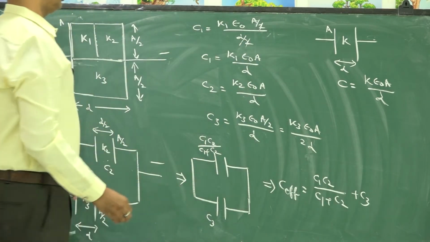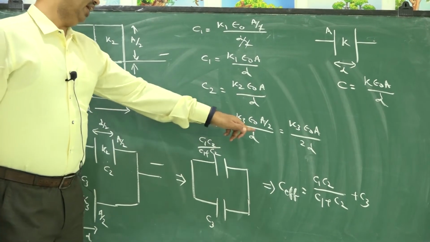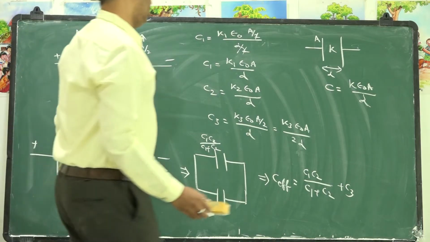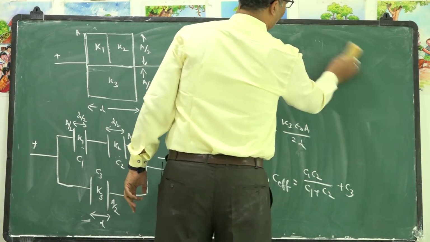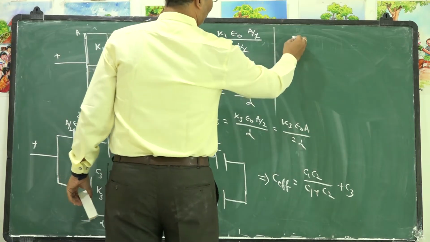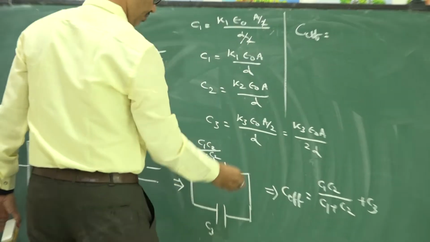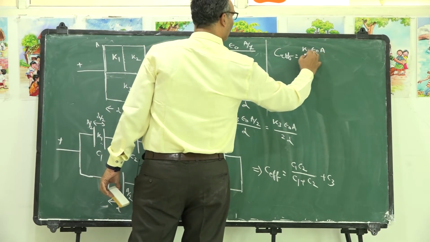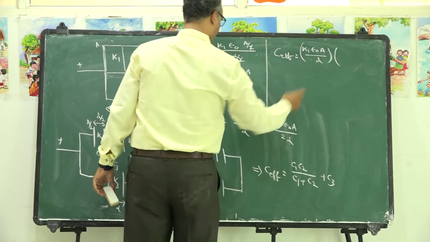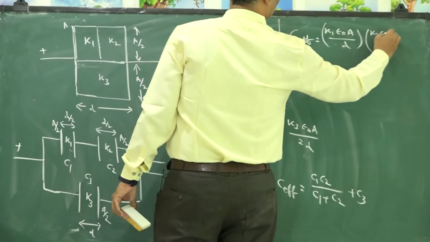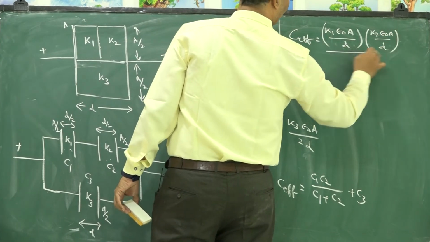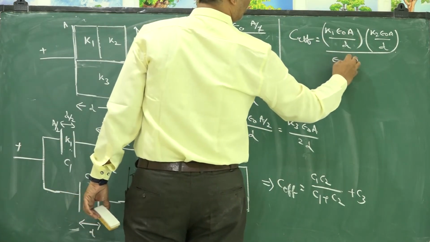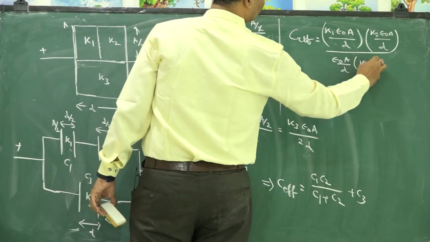Already we have the values of C1, C2 and C3. By substituting them, we get the effective capacitance. C1 C2 means K1 epsilon naught A by D times K2 epsilon naught A by D, divided by C1 plus C2. Epsilon naught A by D is common, so you get K1 plus K2.